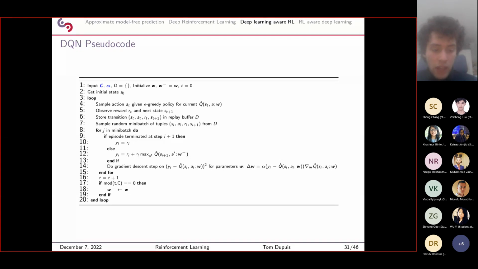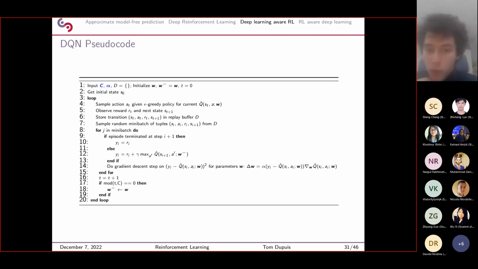And at the end, you see the little condition if modulo C equals 0. This is, as I explained, to update the weights of the target network periodically every C steps in this case.